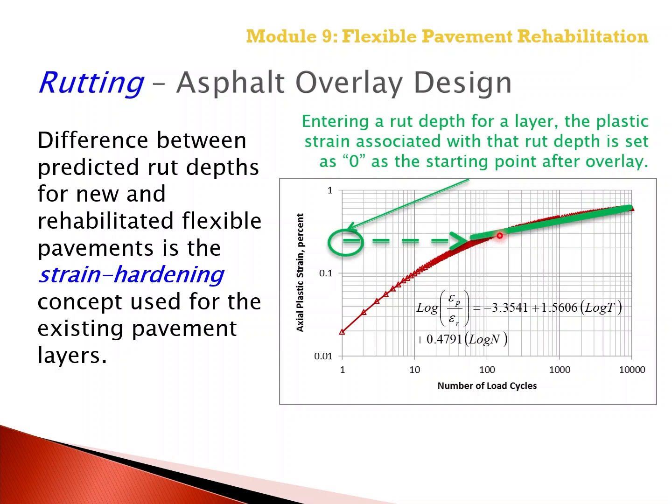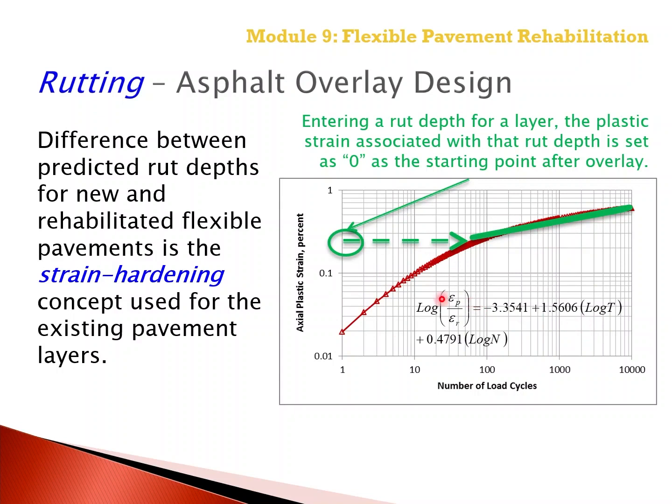And then as additional axle loads or truck loads are applied in different seasons, the rut depths within those asphalt layers continue to accumulate. However, it is at a much reduced rate as compared to the initial part of the rut depth accumulation relationship.